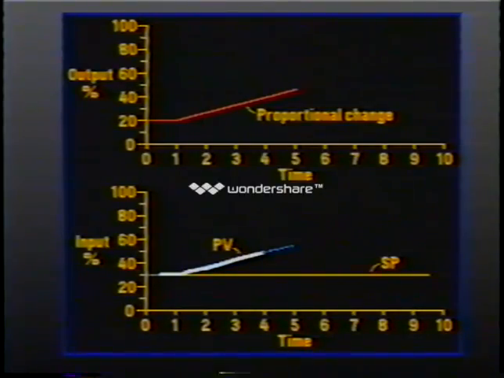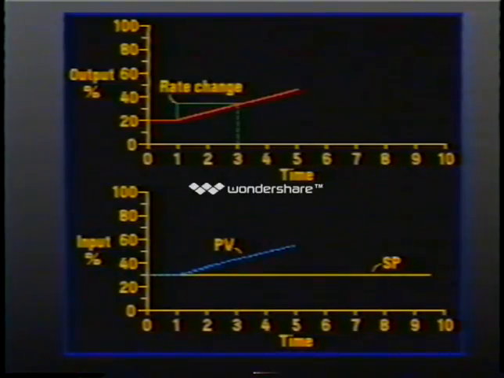We'll assume that we have a proportional band setting of 100%, that is, a gain of 1, which means that controller output will directly track input. The rate, or derivative, is expressed in minutes, so we will choose a rate setting of 2 minutes. In that time, the controller output increased 10%, assuming that the output has a constant slope.